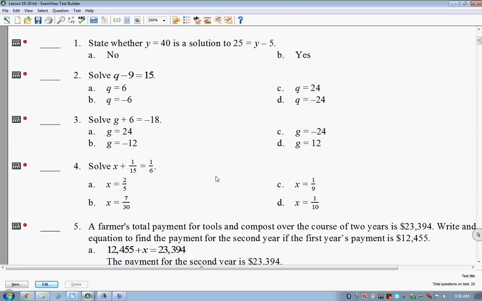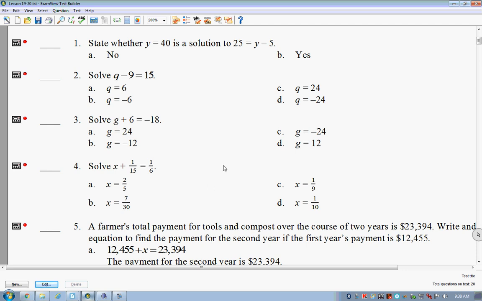So question number 1, state whether y equals 40 is a solution to 25 equals y minus 5. Is that a solution? No, why not? Right, because 40 minus 5 is 35, not 25. So when I substitute in, it does not equal the solution.